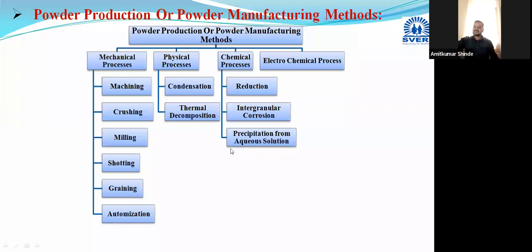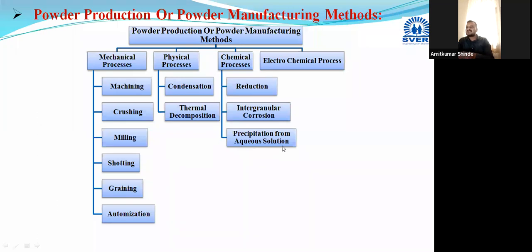Now the next stage is precipitation from aqueous solution. This is the third chemical process of powder production. Here we use one basic principle: suppose there is an aqueous solution, and in it we add a metal which is less noble, that is, having more valency or more electron accepting capacity.